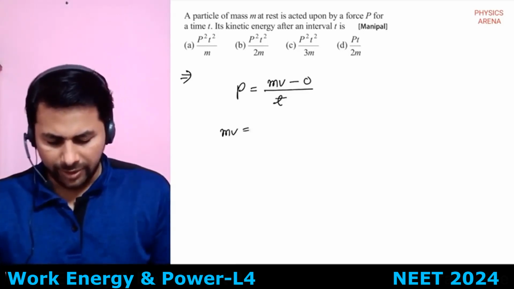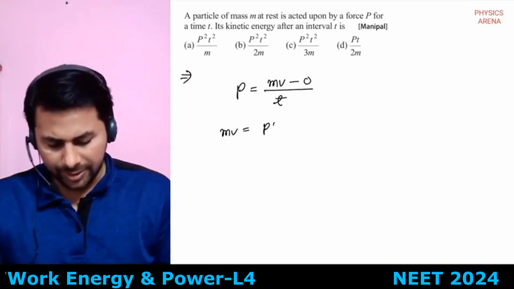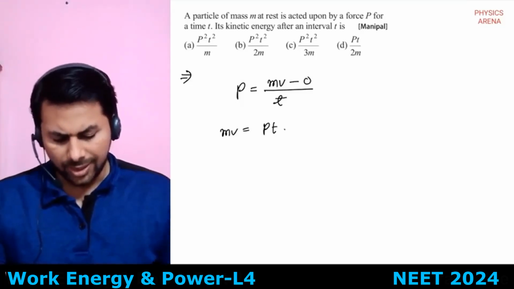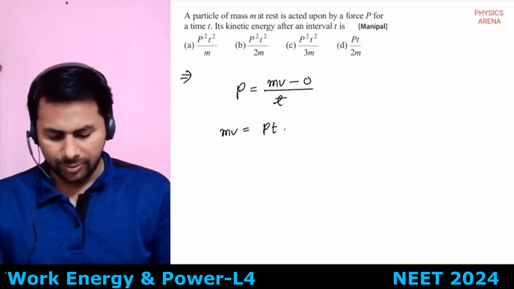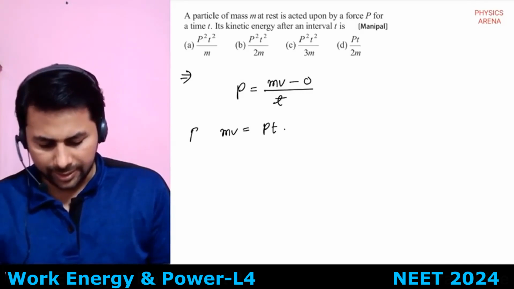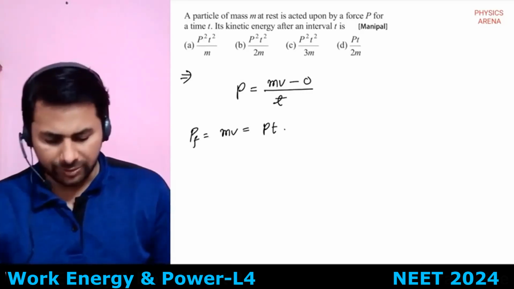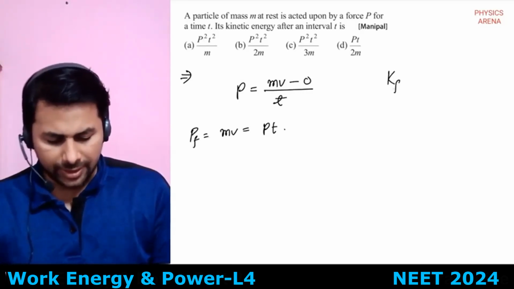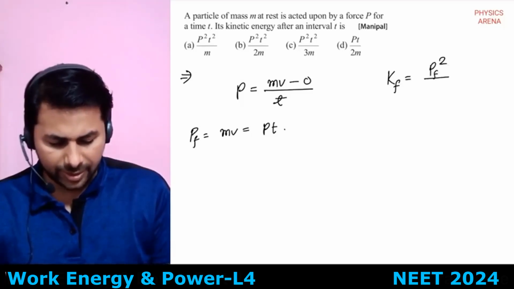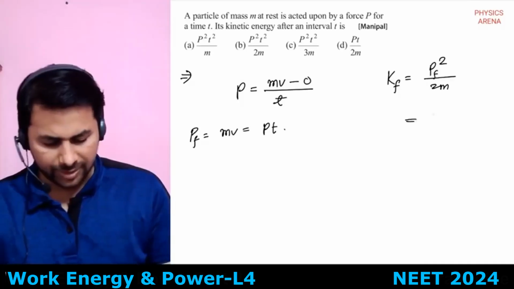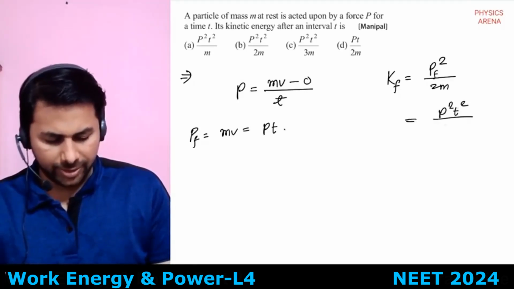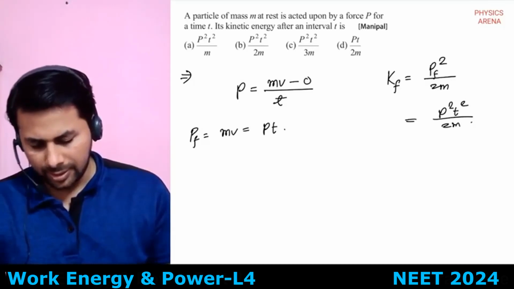So mv, the final momentum, equals Pt, and you just want the kinetic energy. I can say p_f is the final momentum, which is equal to Pt. So kinetic energy is equal to p_f square upon 2m, that is P square t square upon 2m. So the option B.